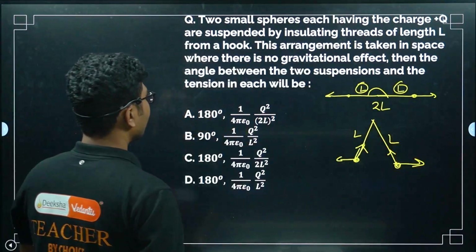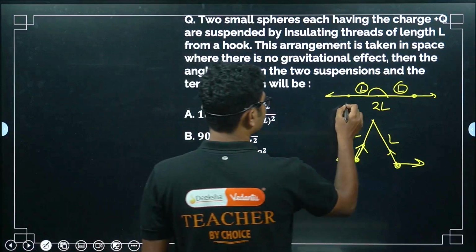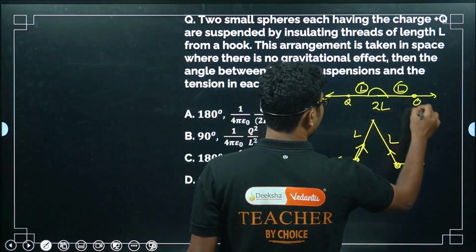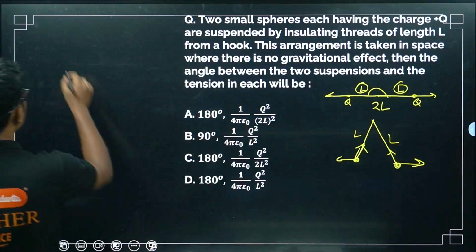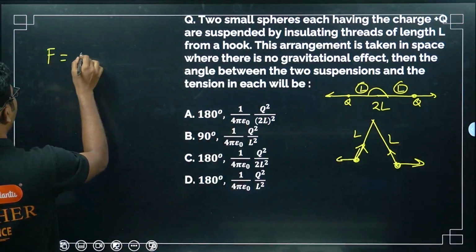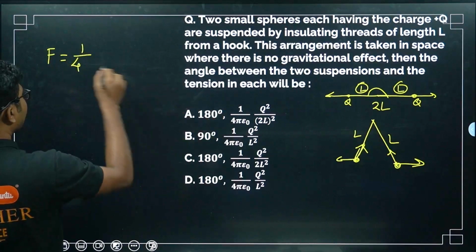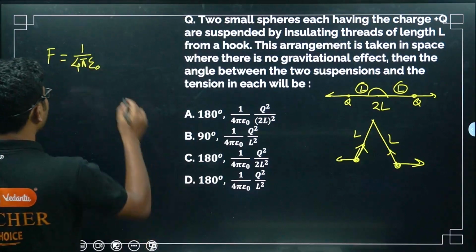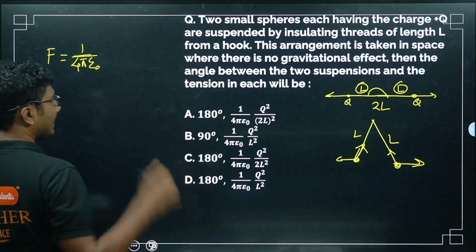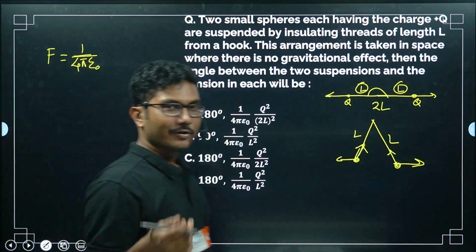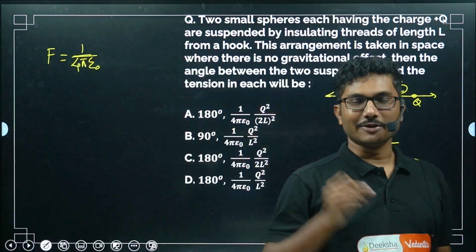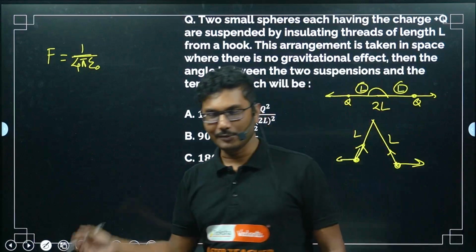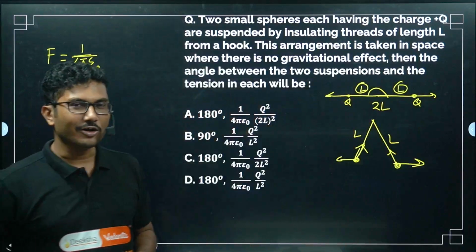The charges are given by Q and Q. So what is the force? Force will be very simple: 1 by 4 pi epsilon naught. Why am I writing 1 by 4 pi epsilon naught? Because if you look at the options, they have given 1 by 4 pi epsilon naught, and that is the formal name. Whenever you write your name in your answer sheet or exam paper, you write your formal name, but when you talk to your friends, they can call you by your nickname.